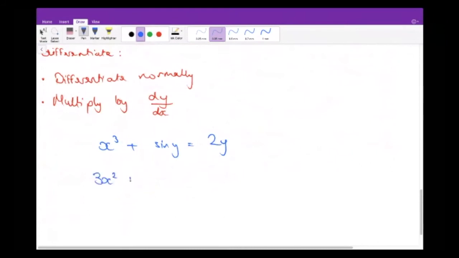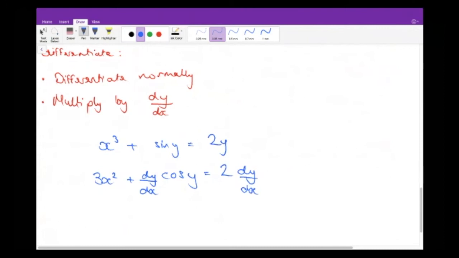So we have 3x squared. Sine of y is going to become cos of y when we differentiate it normally, but then we times it by dy by dx. 2y, if we differentiated it normally, would become 2, and then we multiply it by dy by dx.